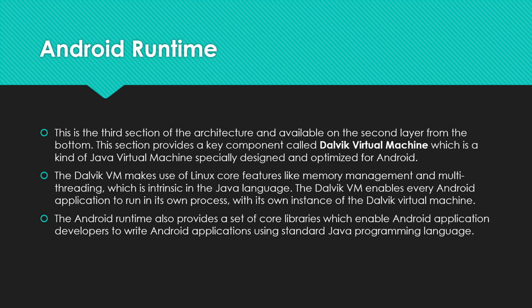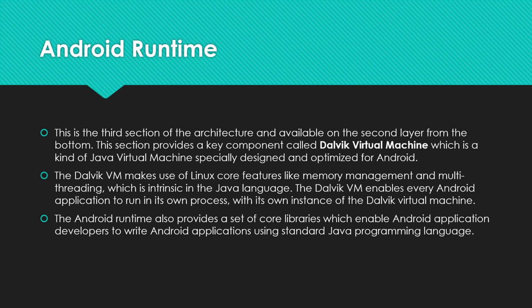Okay? And also, the Android runtime provides a set of core libraries which enables Android application developers to write Android applications using the standard Java programming language. Okay, so DVM is allowing us developers, whenever we're developing Android applications, to use Java programming language.